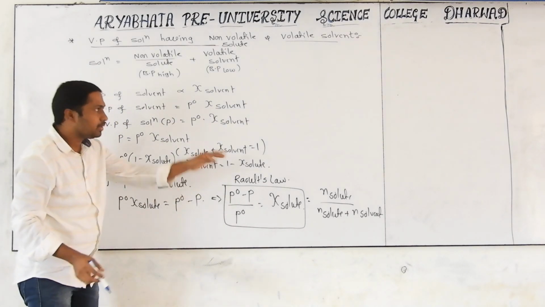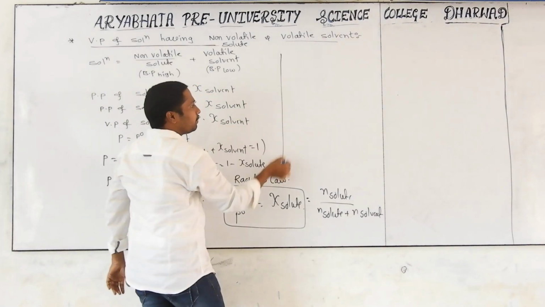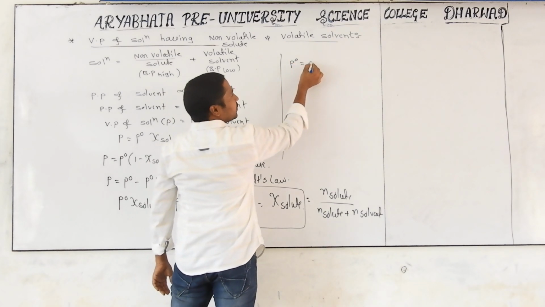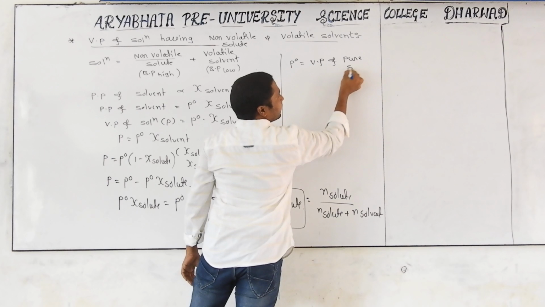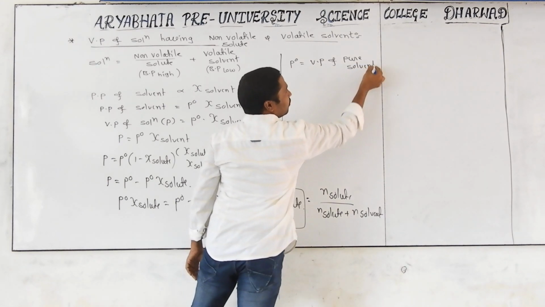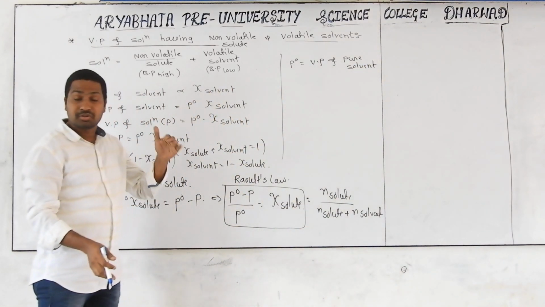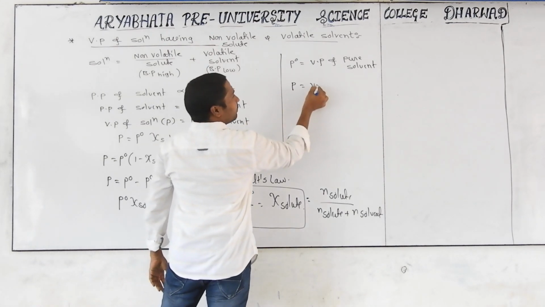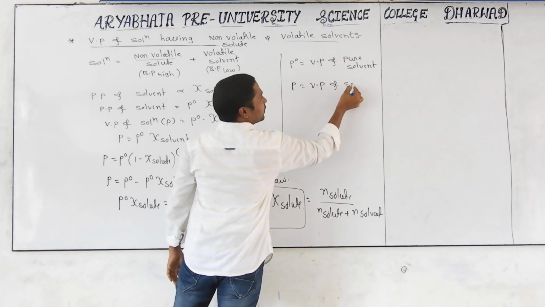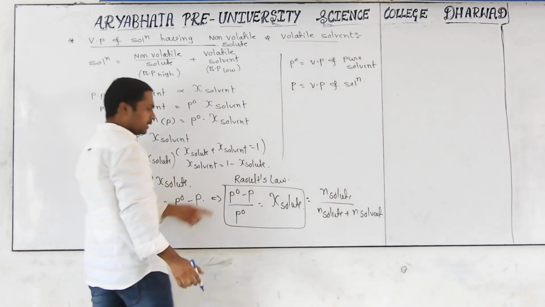This P0, what is the meaning of P0? I will write here: P0 is the vapor pressure of the pure solvent, not the solute, because the solute is useless. Why? Because it can't undergo evaporation. What is the meaning of P? The vapor pressure of the solution.